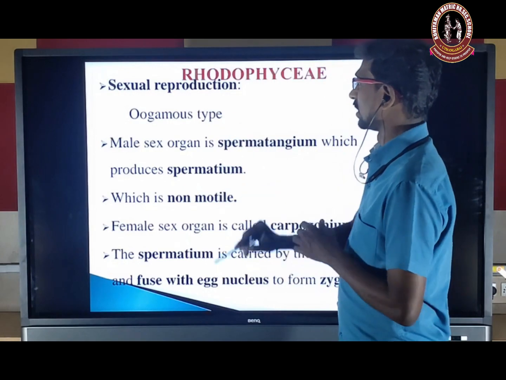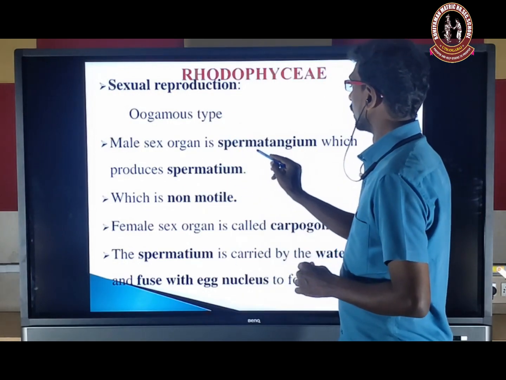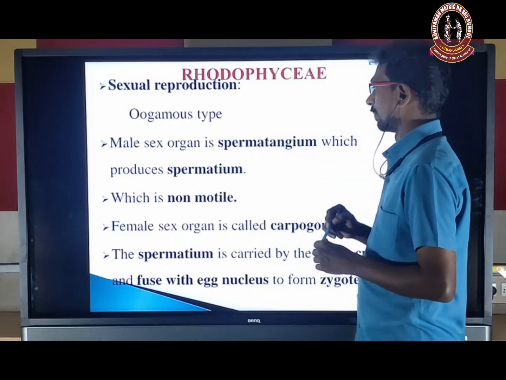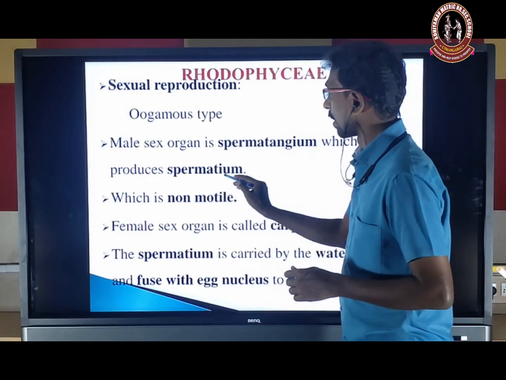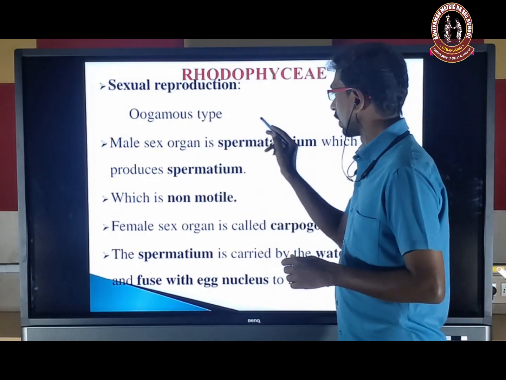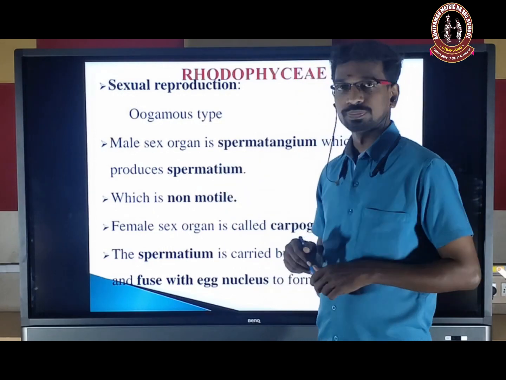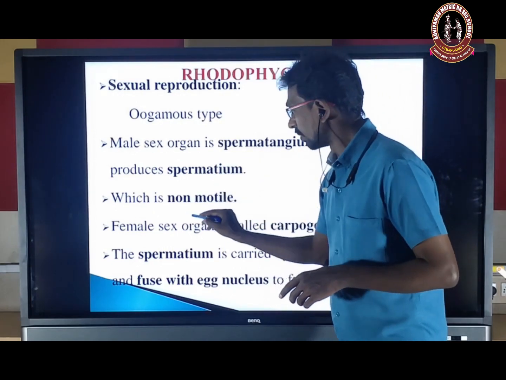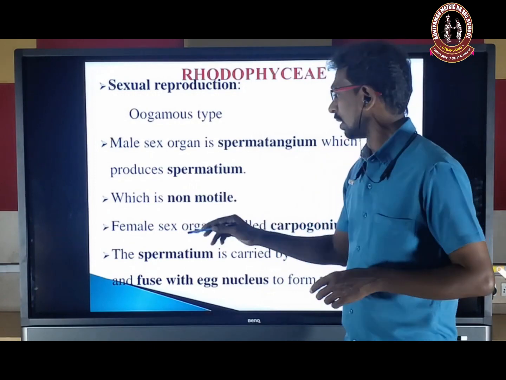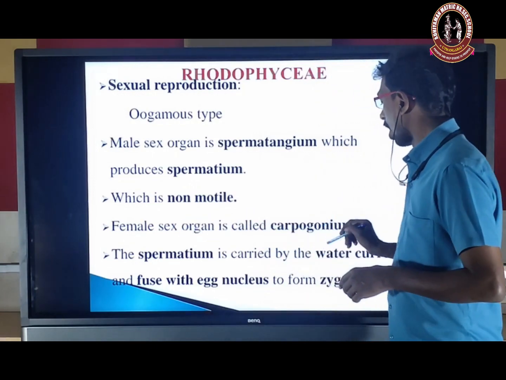In this oogamous type, the male sex organ is the spermatangium, which produces spermatium. The male gamete is called spermatium, which is non-motile. That is very important. The female sex organ is called carpogonium.